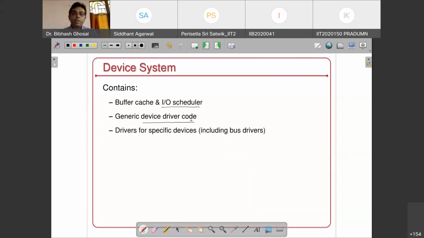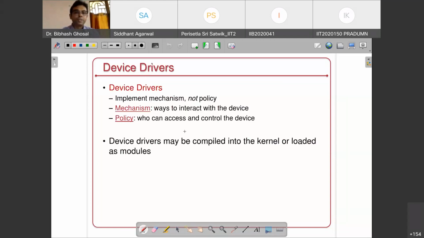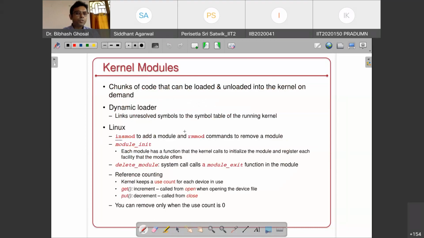Device driver code is the one that acts as an interface that can take those system calls as input and translate them into some form of lower level instructions which is understood by the hardware controller. And there are drivers for specific devices, obviously, because they are specific to the device. We have already seen all this. We saw different modules and how they are maintained.